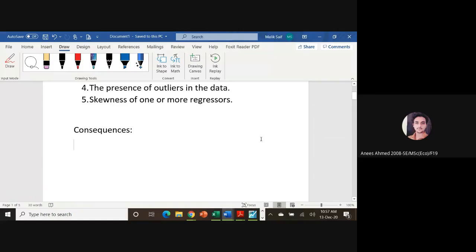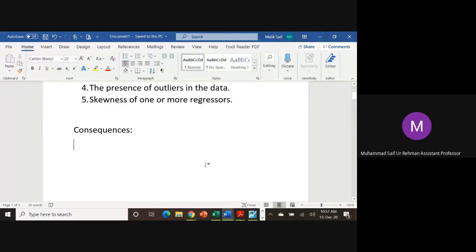Clear. Okay. So now, what are the consequences of heteroscedasticity for the OLS estimators?